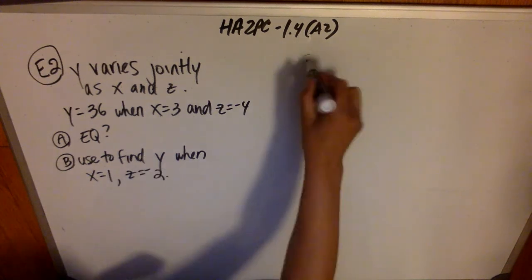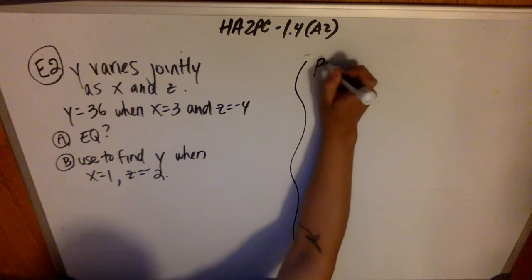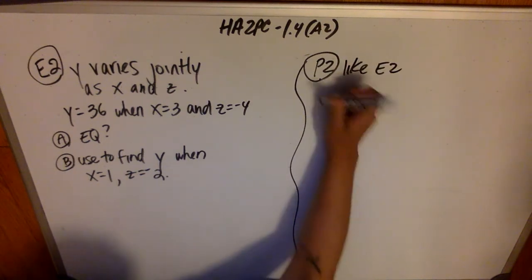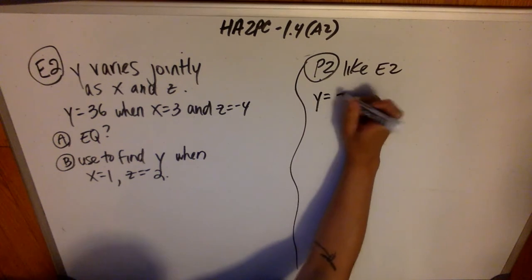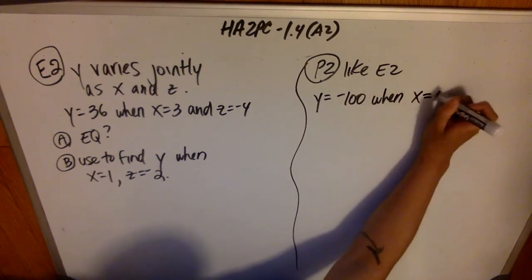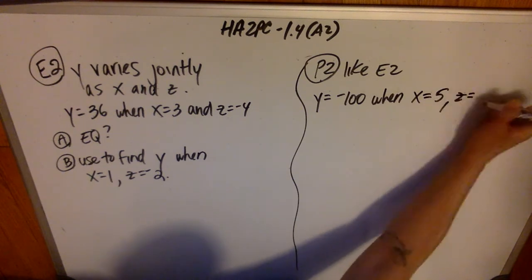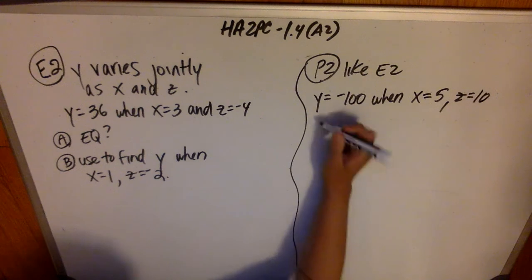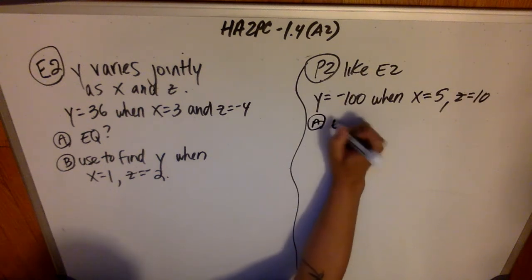All right, so we're going to do the same thing with a P2. So P2, same setup. Like E2, it's again varying jointly. We're going to say y equals negative 100 when x equals 5 and z equals 10. And then for A, I want the equation.